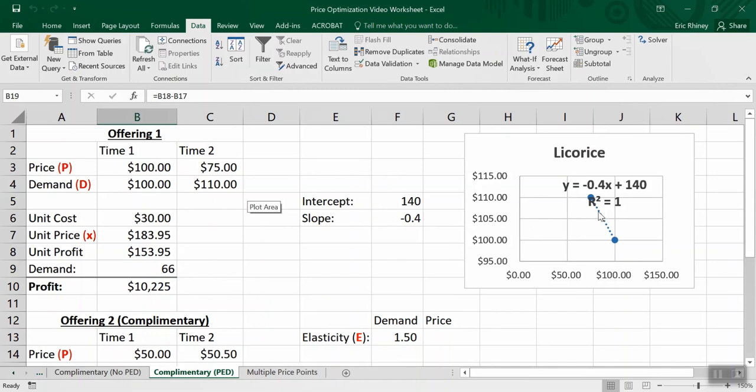And in our first example, what we did was that we actually used a scatter plot, added a trend line, and then did our estimation based off of those points. And our R squared is 1. The reason this is 1 is because we only have 2 points to define this line.